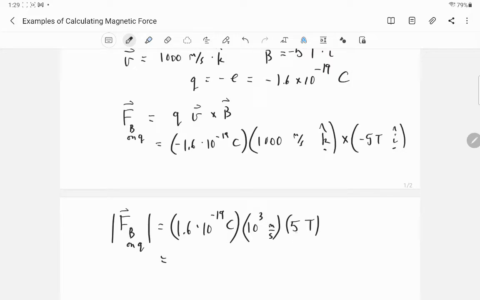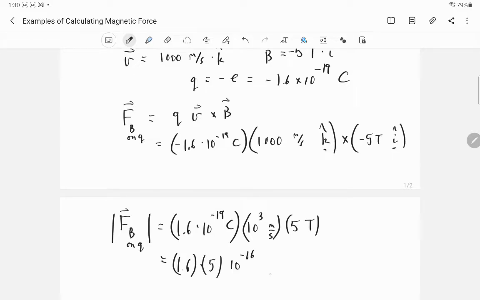So let's go 10 to the minus 19 and 10 to the positive 3. That's 10 to the negative 16. So it's 1.6 times 5, times 10 to the minus 16. That's the 10 to the third times 10 to the minus 19.